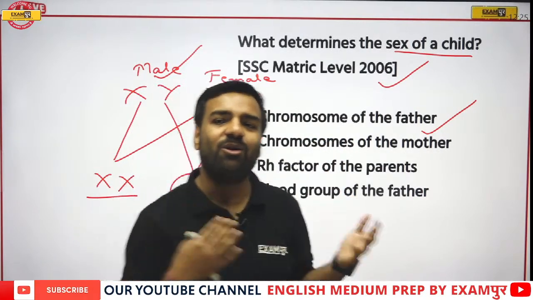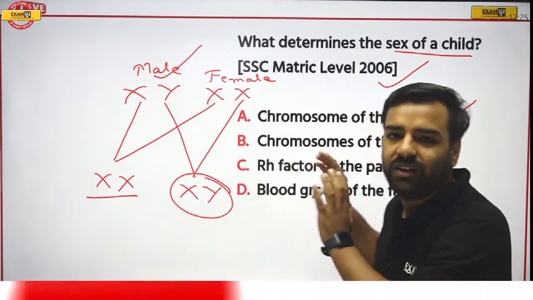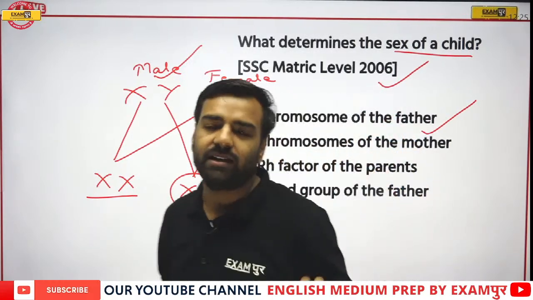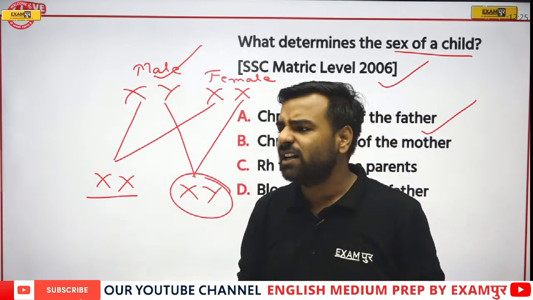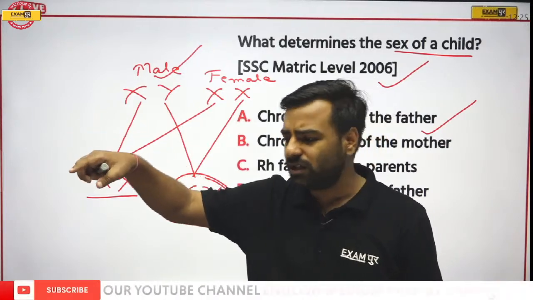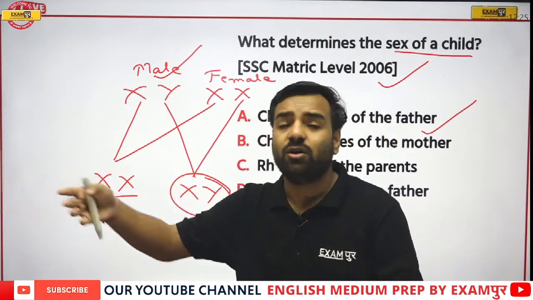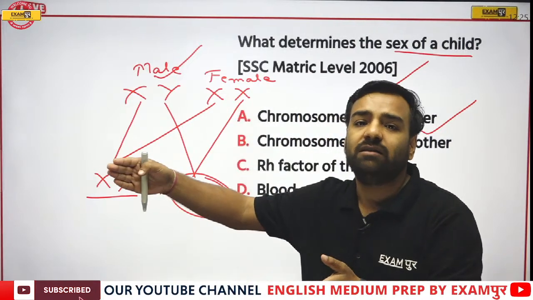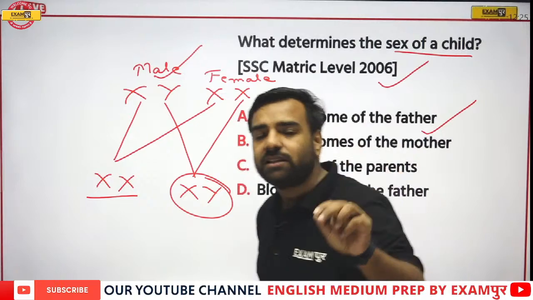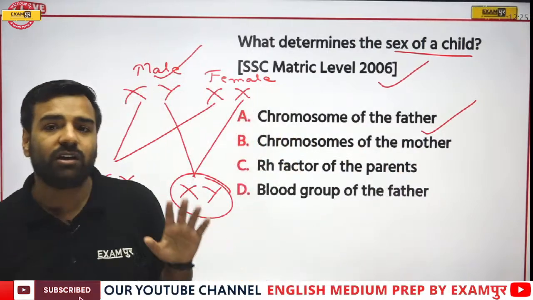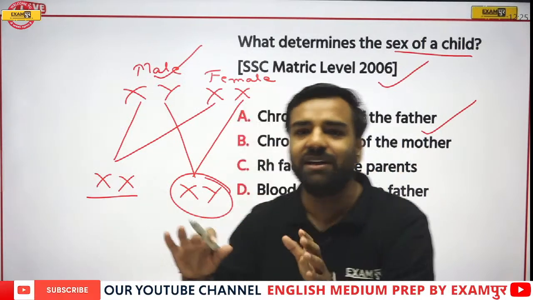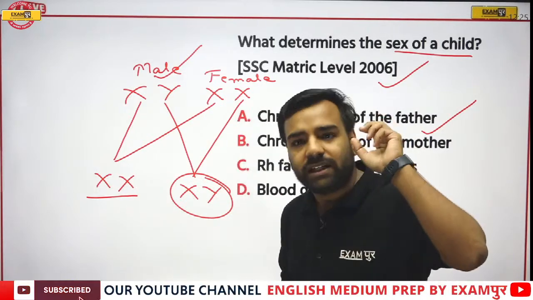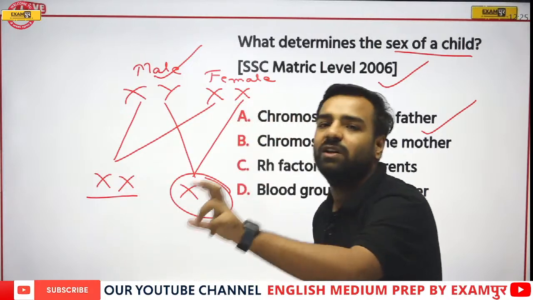Although we have already studied all these things, but in some of the backward areas, it is still told that, oh, this is that particular daughter-in-law who is actually the culprit, who is actually giving the birth to the female child. Please remember, female childs are always best, daughters are always best. No, this doesn't mean that sons are not best, sons are also good, but we cannot say that female was the one who has actually determined.